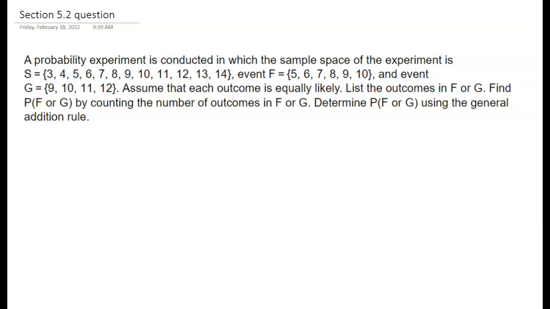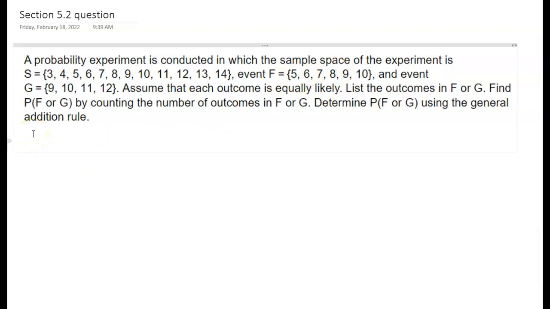And if they're not mutually exclusive, then I have to subtract the probability where they might both occur. So there's a couple of different ways to do it, but we're first going to determine all of the outcomes in F or G.